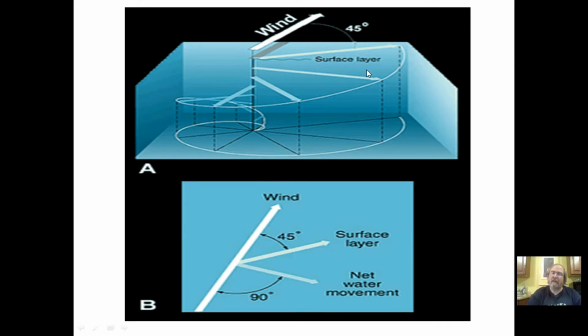Just sort of showing a little, you can see almost looks like a Fibonacci spiral. But here's that spiral. Right? All the water here, net movement, and so on. I just kind of like this. I thought this was a cool little diagram.